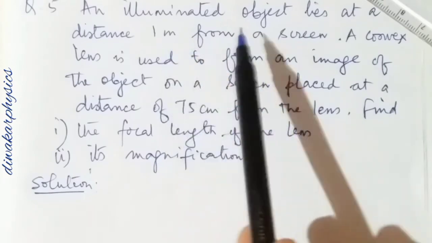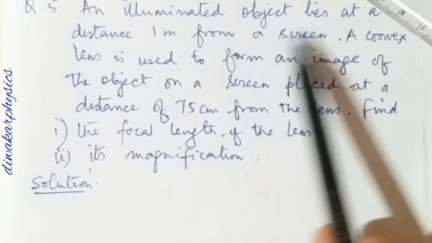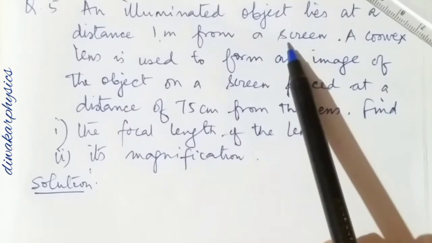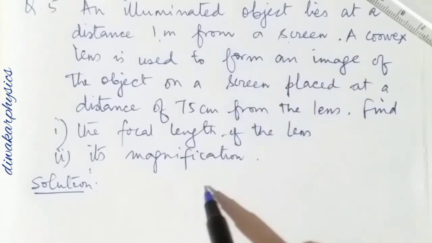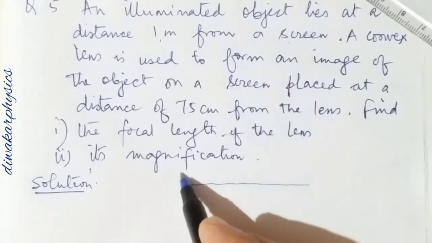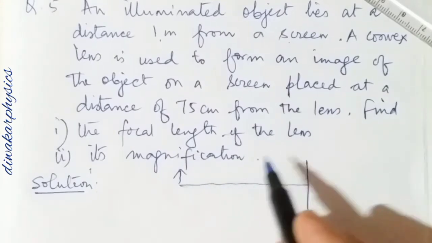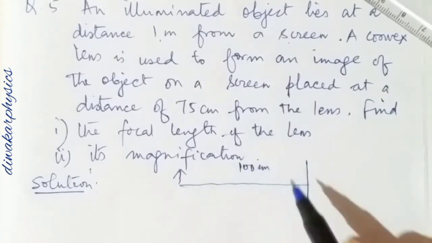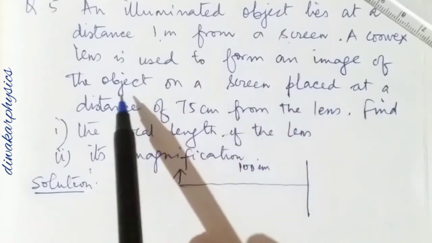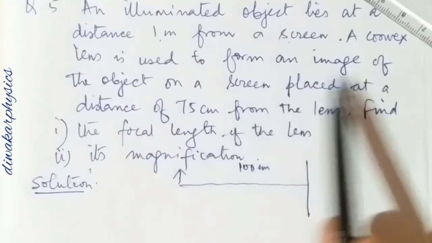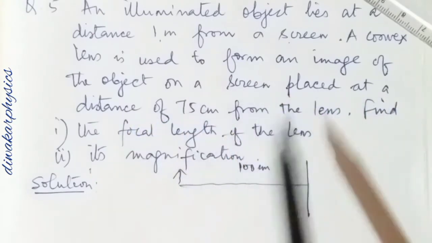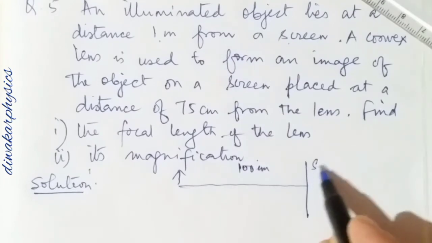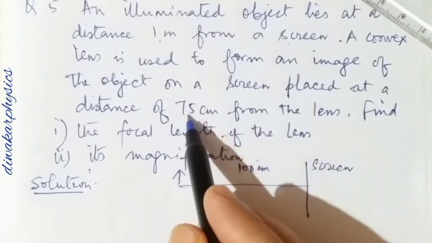Now here the object is kept at a distance of 1 meter from the screen. So remember, this is not u, this is not the object distance, because this is the distance from the screen. So the object is here and the screen is here. So this is 1 meter, say 100 centimeter, and the image of the object is formed on a screen placed at a distance of 75 centimeter from the lens.